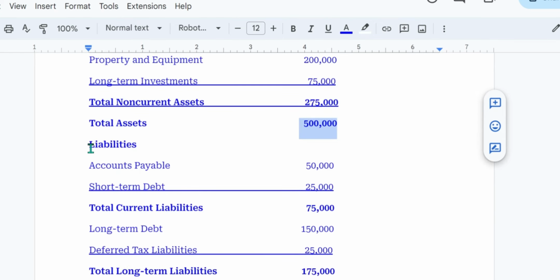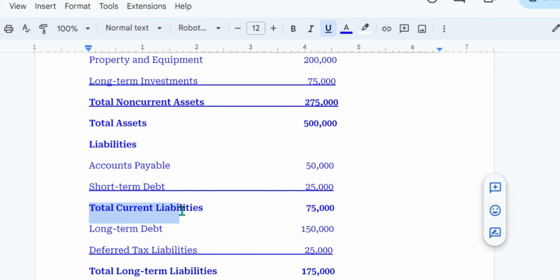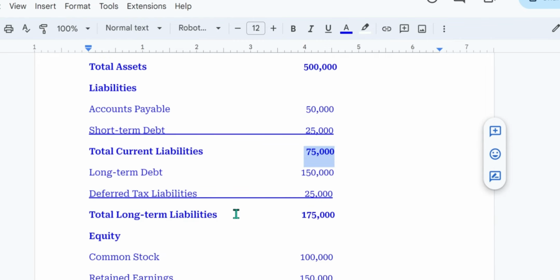Next, we have our liabilities and equity section. Our liabilities start with current liabilities such as accounts payable. Here it's $50,000. Short-term debt, $25,000. Gives us total current liabilities of $75,000. Next, we have long-term liabilities such as long-term debt, $150,000.